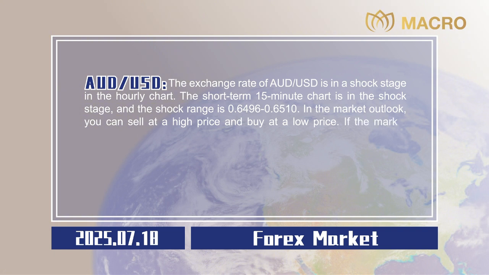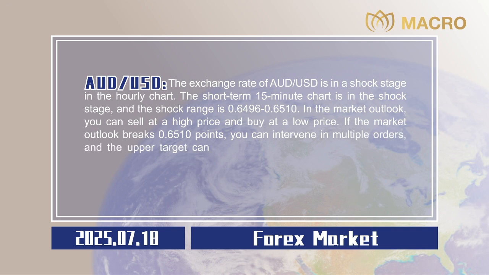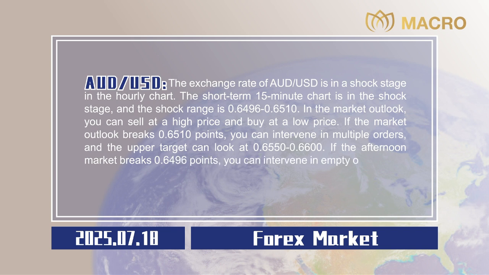If the market breaks 0.6510 points, you can intervene in multiple orders, and the upper target can be seen at 0.6550 to 0.6600. If the afternoon market breaks 0.6496 points, you can intervene in empty orders, and the target below can be seen at 0.6440 to 0.6400. Stop losses are all 20 points.